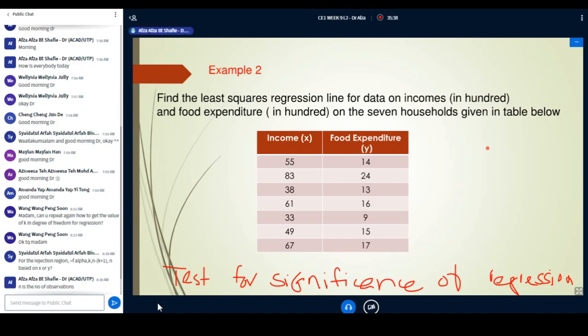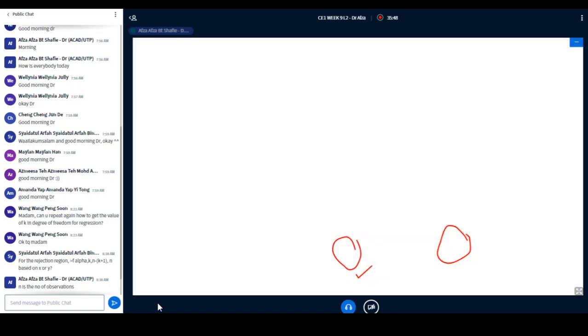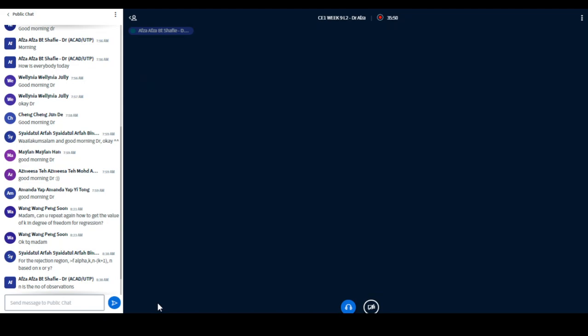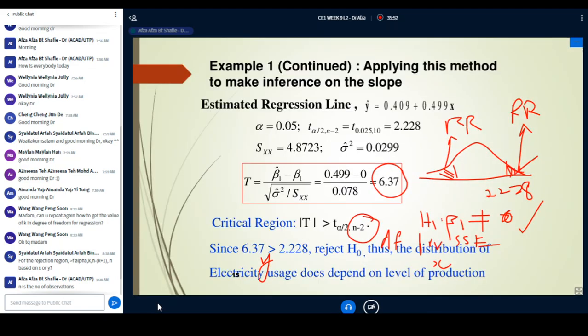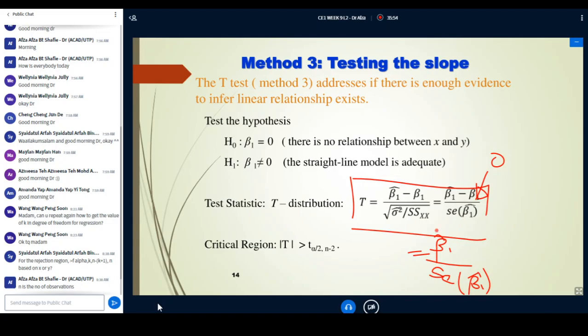Yes, the SE beta here refers to slide number 14. Here, it refers to the standard error, not the one that we calculate, but the standard error of the coefficient.